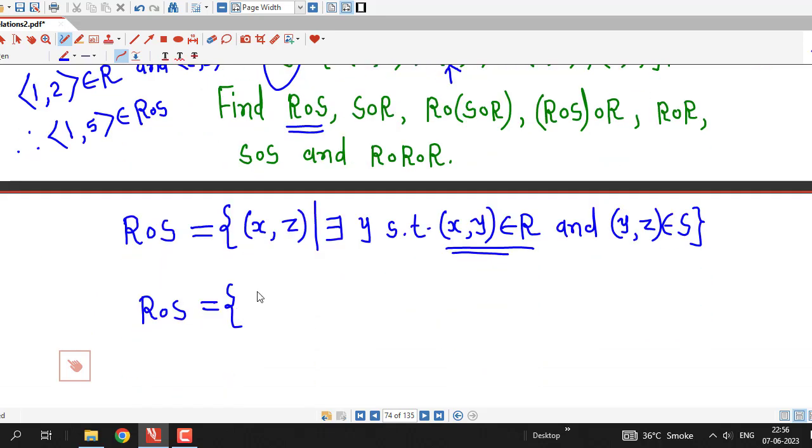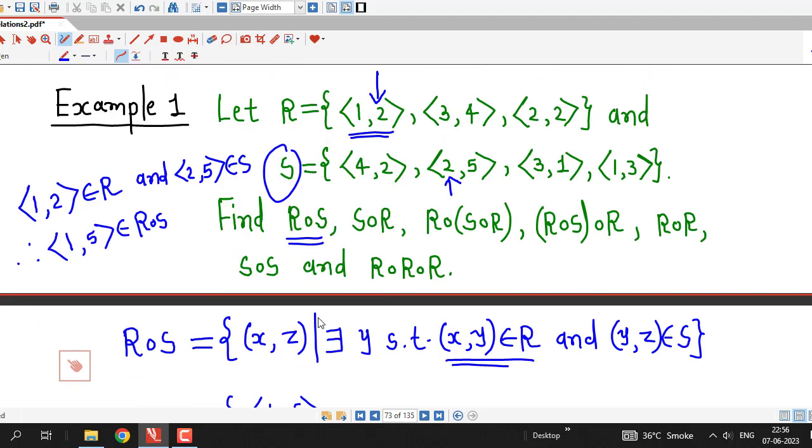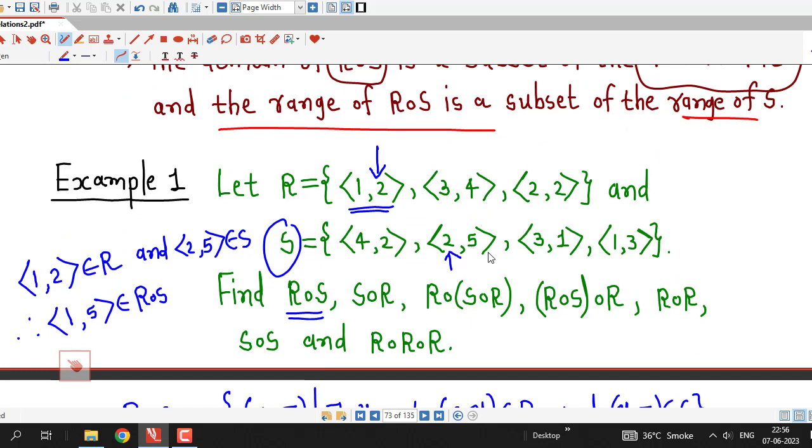So here I will write down first ordered pair as ordered pair 1 comma 5, and there is no other ordered pair whose first component is 2. Now we come to the second ordered pair in relation R. Here second component is 4, so I have to search for those ordered pairs in S whose first component is 4, and this is the only ordered pair having first component as 4.